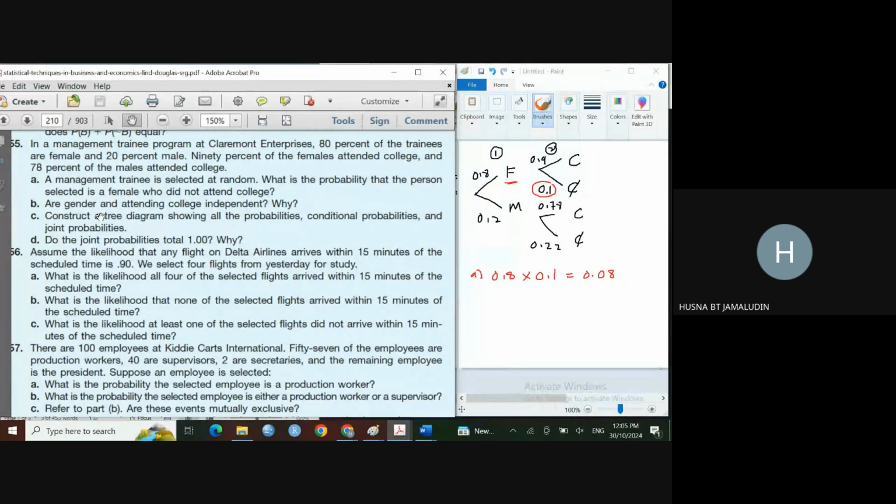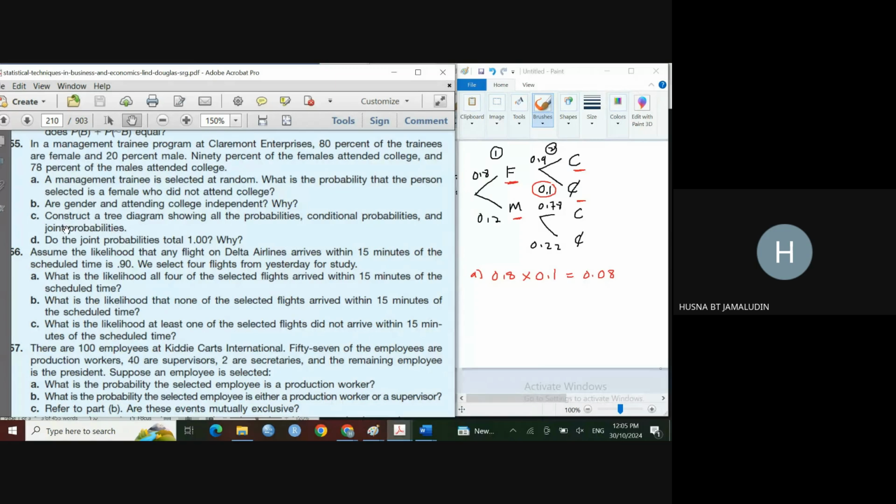Because you can see that gender is the first event, attending college is the second event, and attending college depends on the gender. So, of course, you will say that they are not independent, they are dependent. Why? Because by looking at this tree diagram, you can see that attending college or not attending college depends on the gender here.